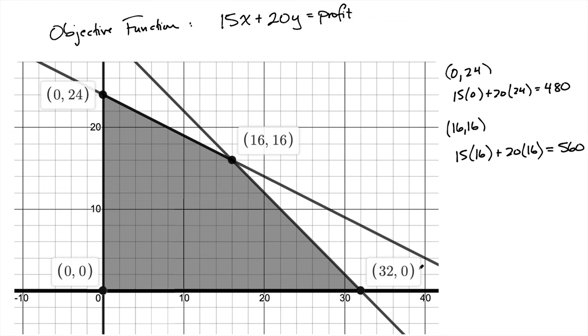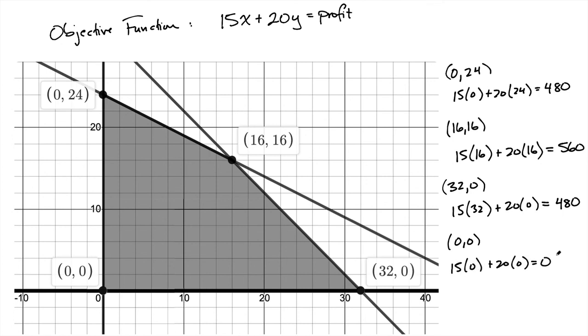And then if we plug (32, 0) in, we get 15 times 32 plus 20 times 0, and that is 480. And of course, if you plug (0, 0) in, that's 15 times 0 plus 20 times 0, which is 0.